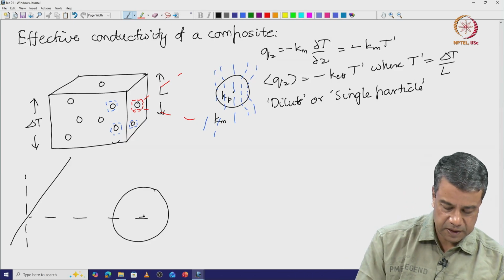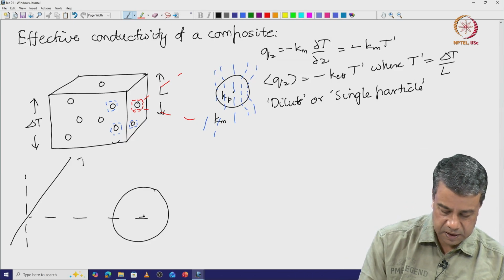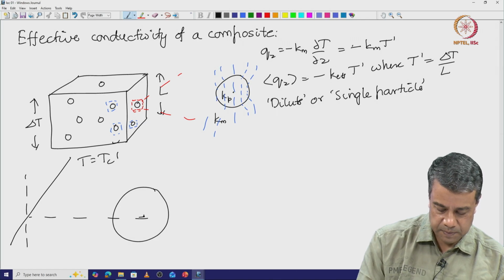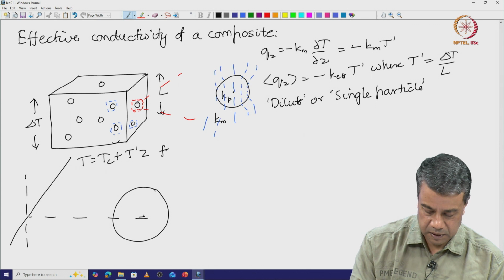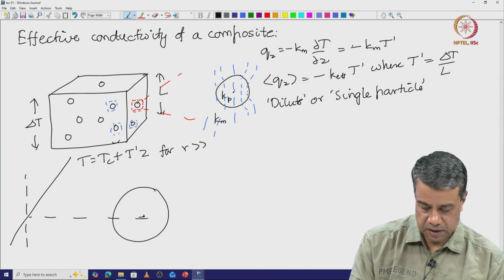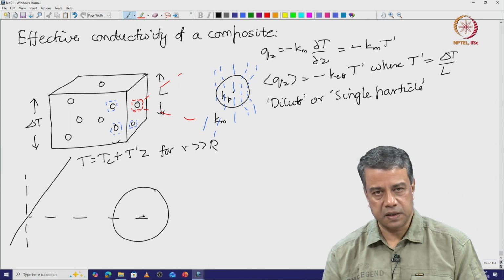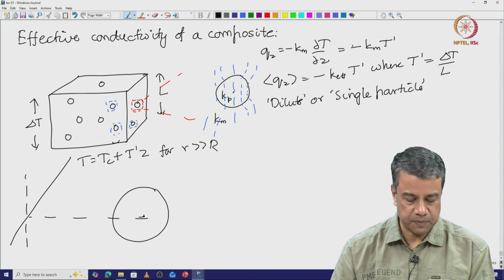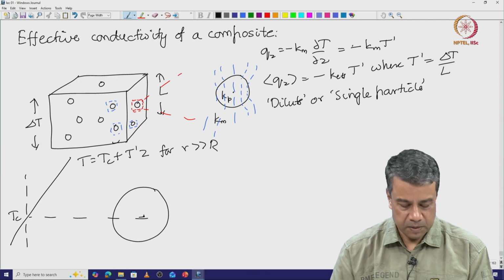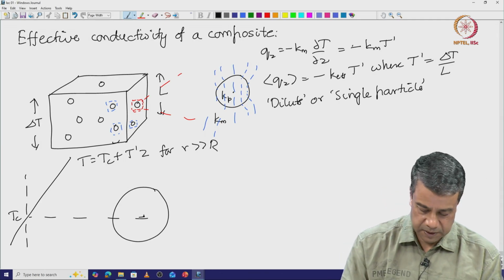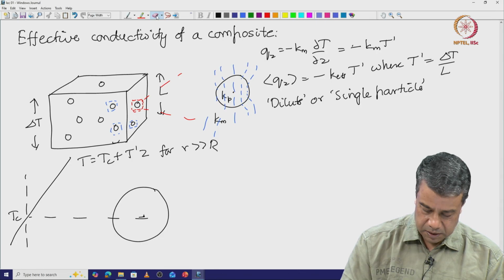The temperature field at this location can be written as T is equal to Tc plus T prime z far from the particle, for r much greater than the particle radius. The temperature is equal to the particle temperature at the particle center plus T prime times z.